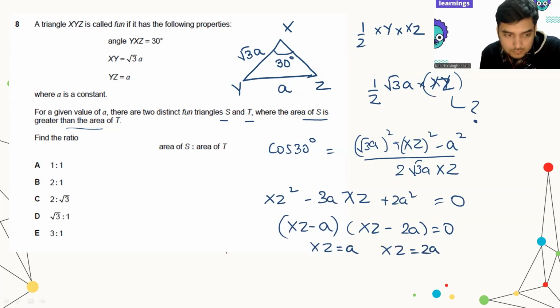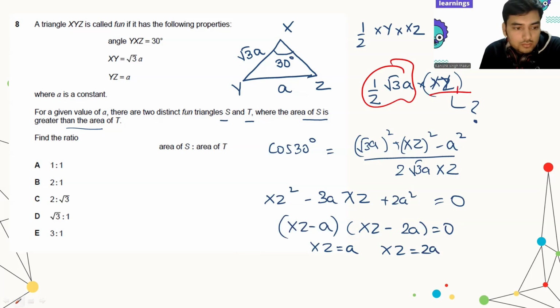Okay, now what you have to do is find the area of S and the area of T. Two values of XZ you are getting, so find the area of S and the area of T, isn't it? Now this term is the same for both of them. So it's just the ratio of XZ1 upon XZ2, right?